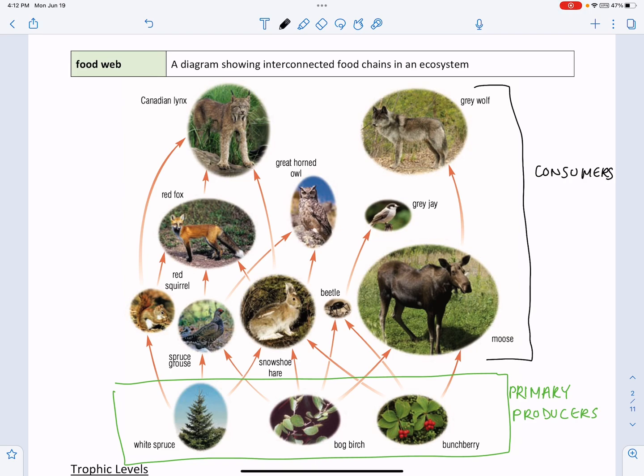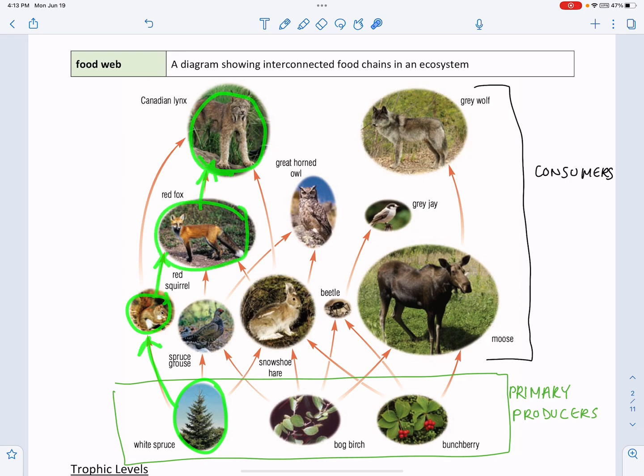You can make out single individual food chains from a food web by following the path starting from the primary producer all the way to the top consumer.